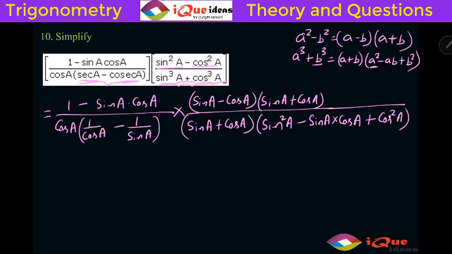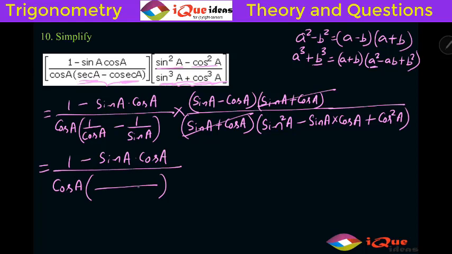Now see, sin a plus cos a cancelled. Now on this side we have 1 minus sin a cos a divided by cos a into, now in the bracket we can take LCM as cos a sin a, and in the numerator we will have sin a minus cos a. On the other side, sin a minus cos a is there.